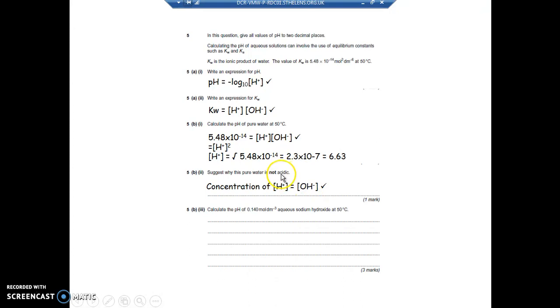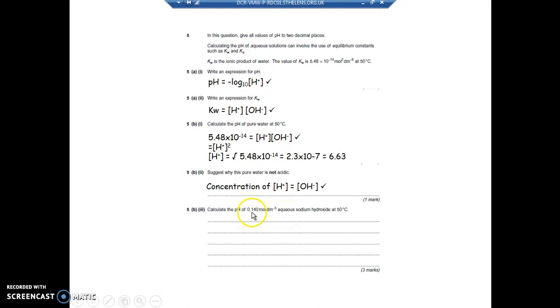You only end up with something acidic if you have more H plus ions than OH minus ions. So the pH can change with temperature, it doesn't have to be 7, but H plus concentration always equals OH minus concentration in pure water, and that's why it's not acidic, because you've not got an excess of H plus ions.